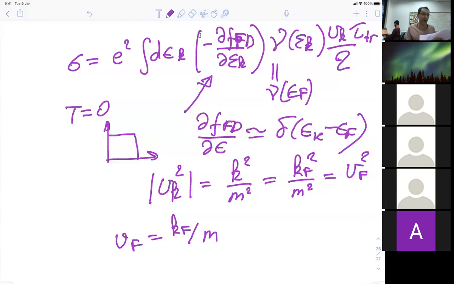I have 4 more pages which repeat all this story from a slightly different perspective. I want to show you how the same results can be obtained from a different perspective. I think I need like 30 more minutes. Okay, thank you. Okay, so let us meet in 10 minutes.